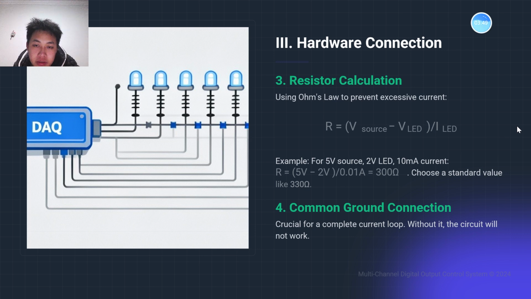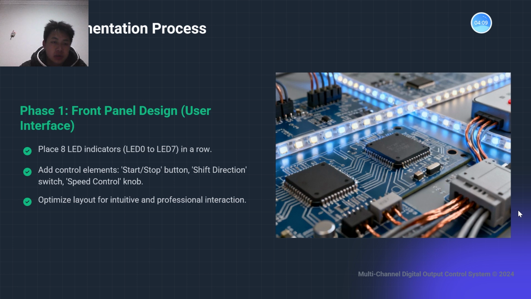So we can see how to get the value of this resistor. Then we circle back for a complete current loop. Without it, the circuit will not work.